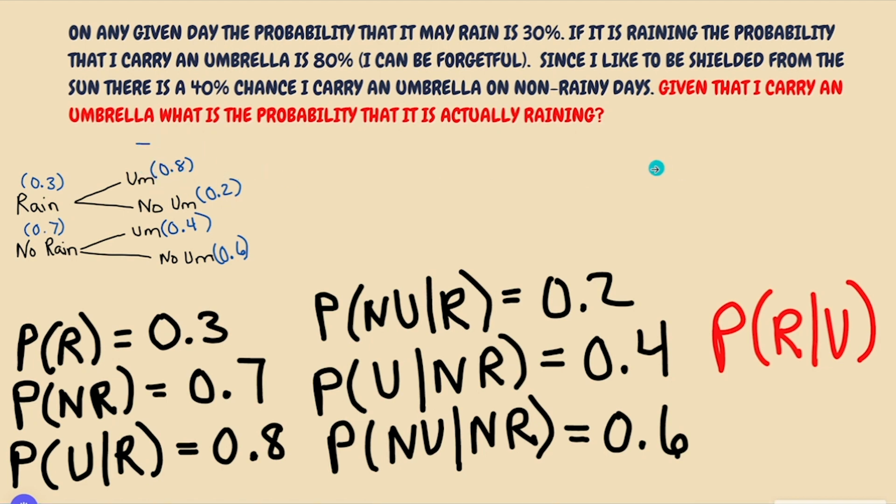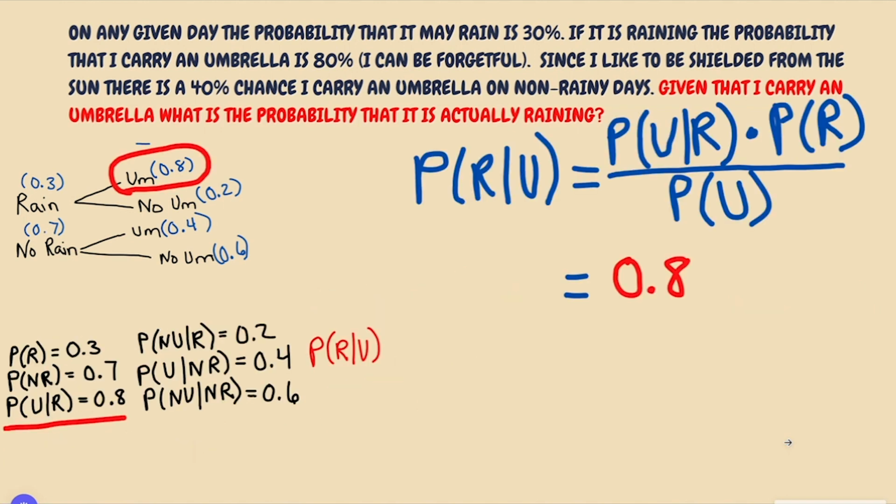Now, the question that I'm asking is, given that I carry an umbrella, what is the probability that it's actually raining? So here in red, I see that I'm trying to find the probability that it will rain given I carry an umbrella, denoted by U. So let's first write out our Bayes' theorem formula. The probability that it will rain given I carry an umbrella is going to be equal to the likelihood.